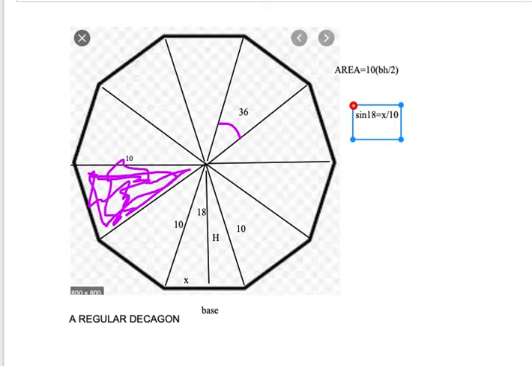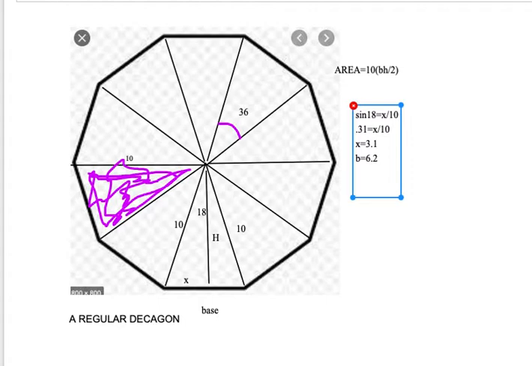So I'm going to put 0.31 equals x divided by 10. Okay, I could just multiply both sides by 10 to get rid of dividing by 10. So it looks like my x is going to be 3.1, which means my base is double that. So my base is going to be 6.2. All right, fabulous.